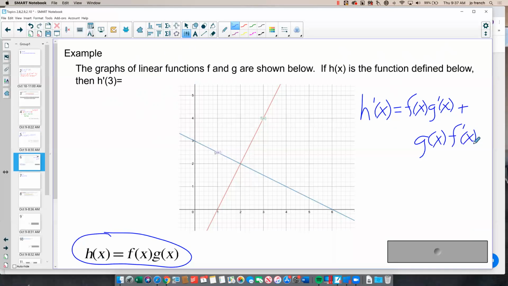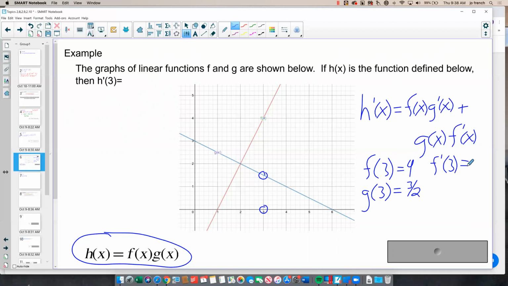So when x equals 3, f of 3 is 4. g of 3, on the other hand, is right here, and that's 1 1/2, or 3 halves. f prime of 3, well, the derivative tells us about the rate of change, right?